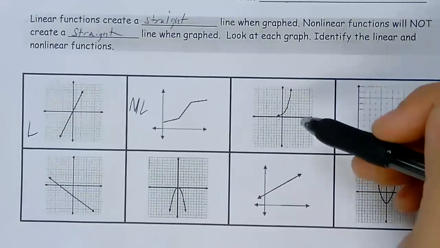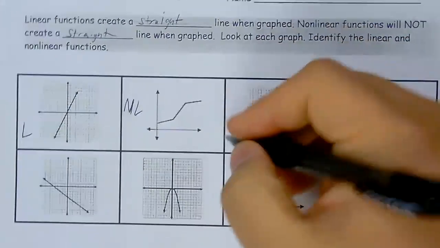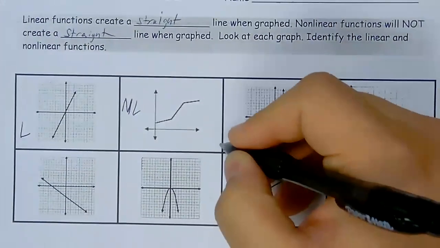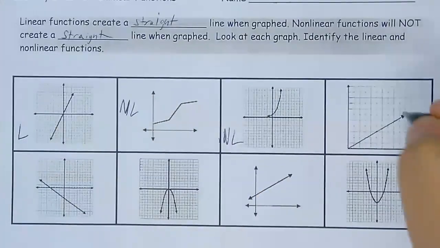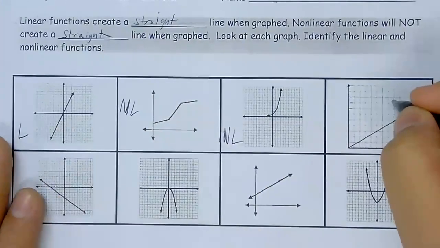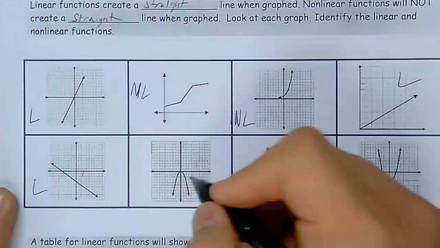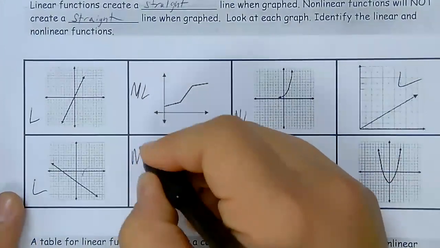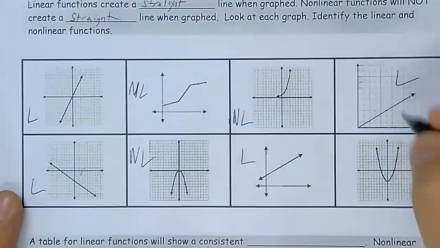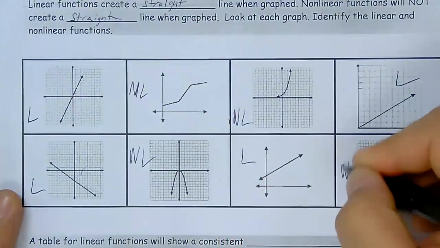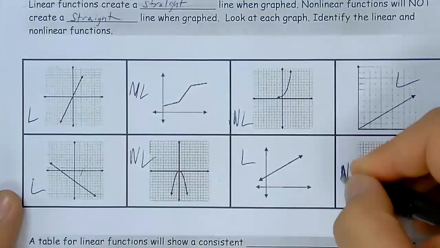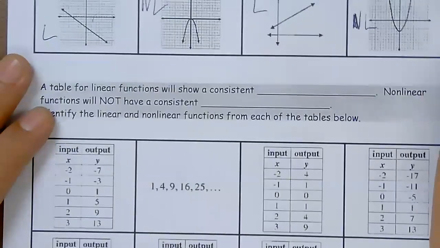Okay. This third one, linear or nonlinear? This next one? Yeah, linear, nonlinear, linear, nonlinear. Okay. So from a graph, I think it's pretty straightforward.